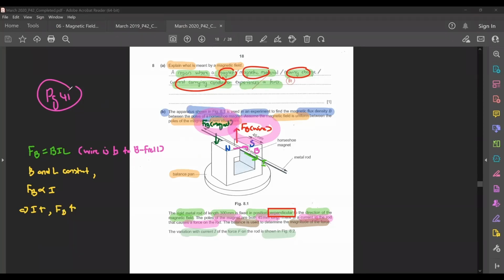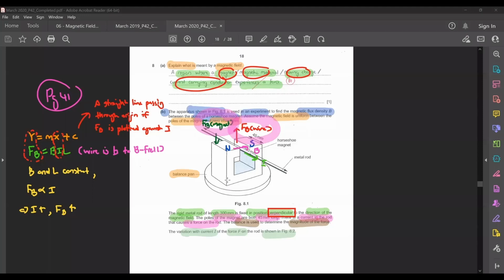Okay, and then if you were to compare the equation with the equation of a straight line, y equals mx plus c, where the y-axis is your magnetic force and the x-axis is your current, you could say that you will get a straight line passing through the origin if Fb is plotted against current, which is what you have in the next page.